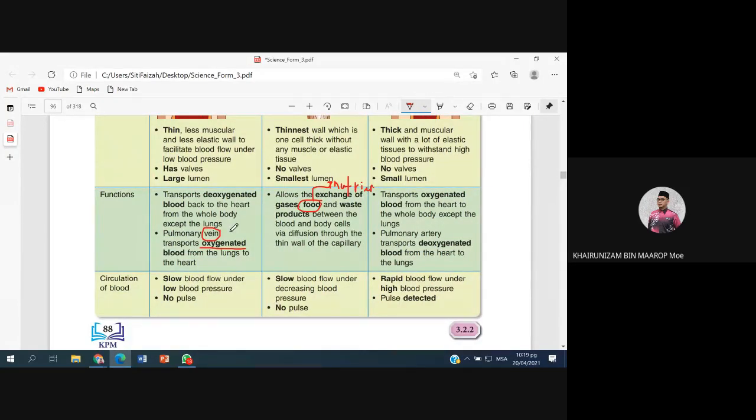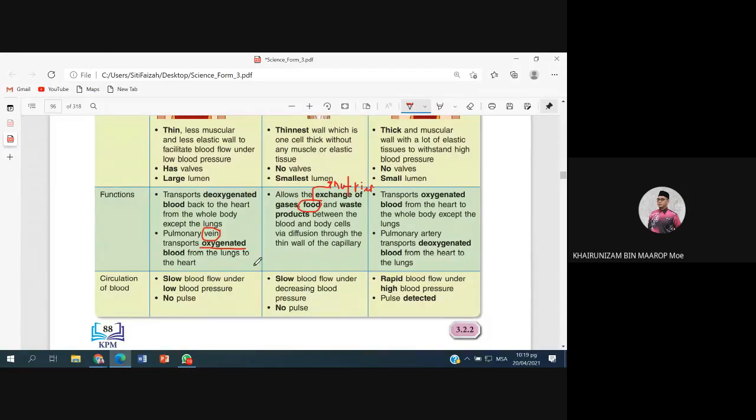Okay, so you can see here the pulmonary vein, no pulse detected. No pulse because the blood is only flowing, and it is helped by the presence of valves.